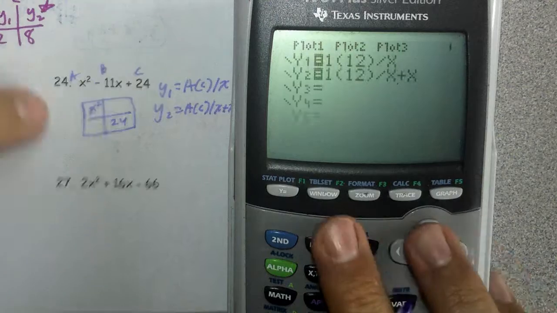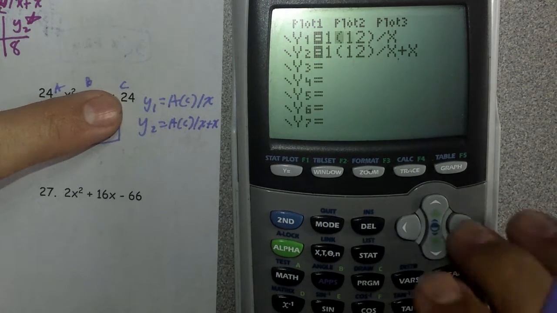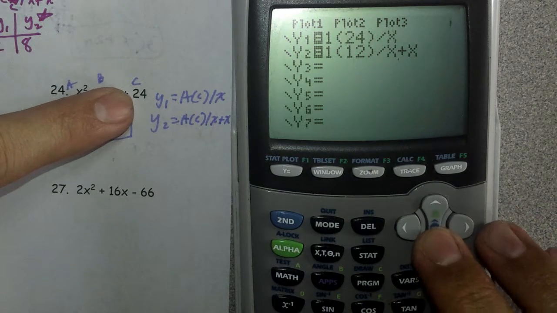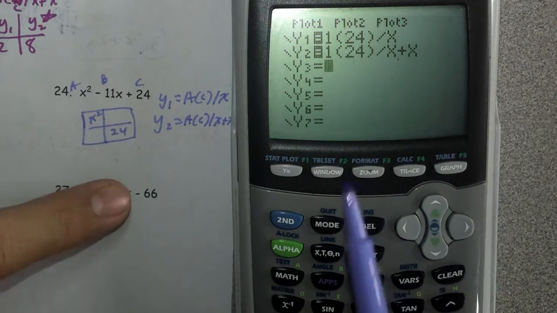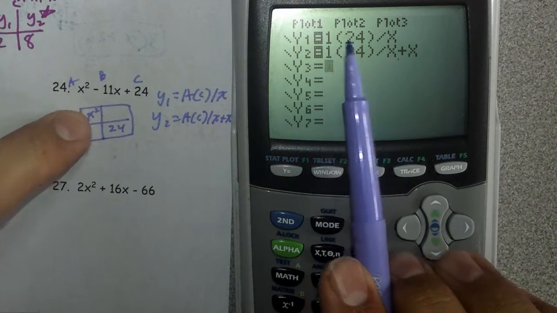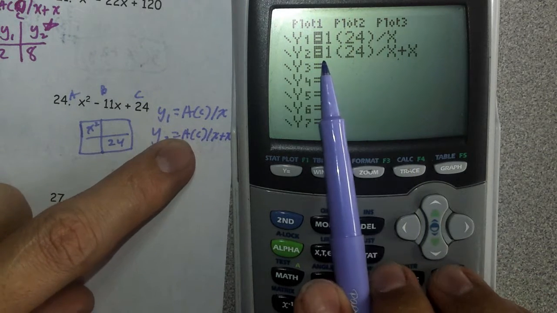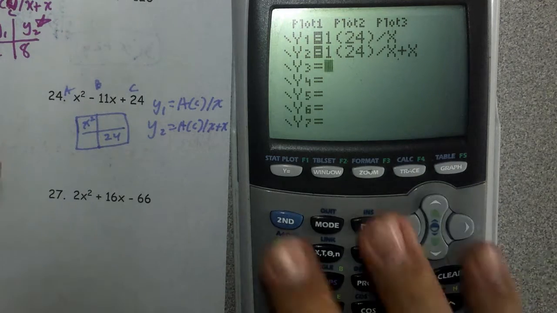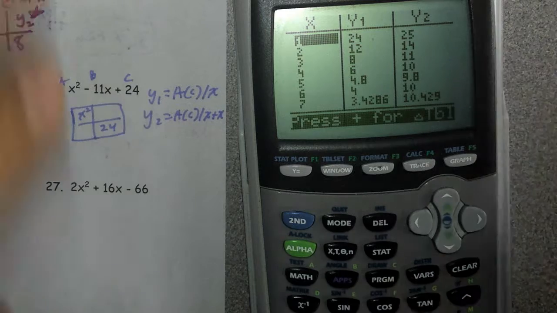In my calculator, I go back up here. My A value is 1 again, and my C value is 24, so I can go ahead and just change this 12 to a 24 here, and change it to 24 there again. So A is 1 times C is 24 divided by X. A is 1, C is 24 divided by X plus X. Go over to the table, and I'm going to be looking for negative 11.